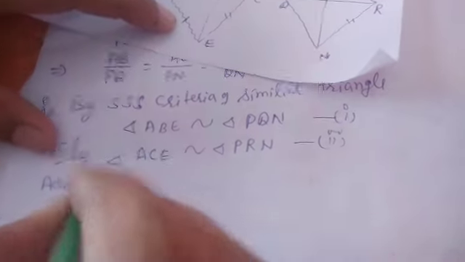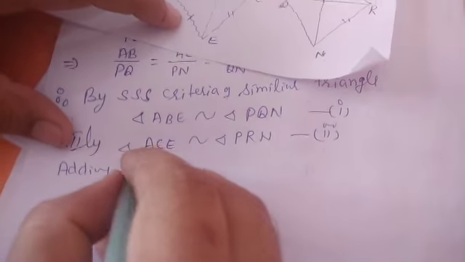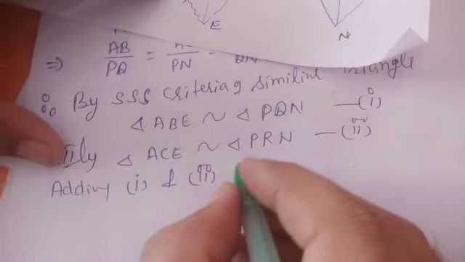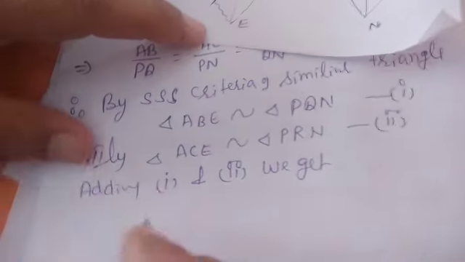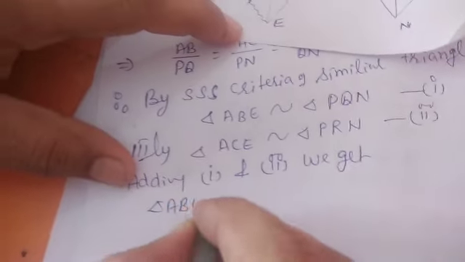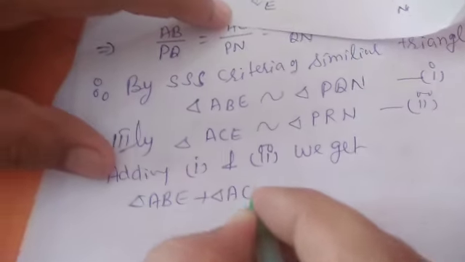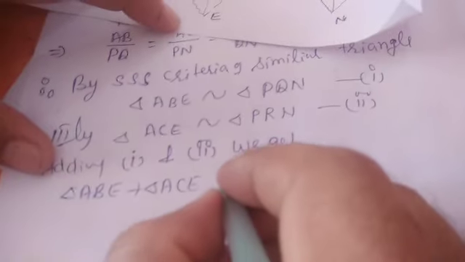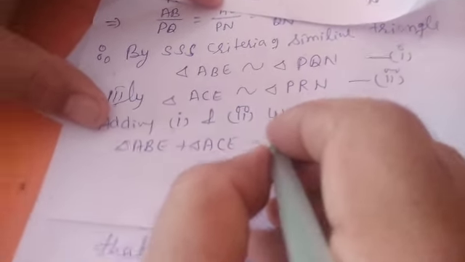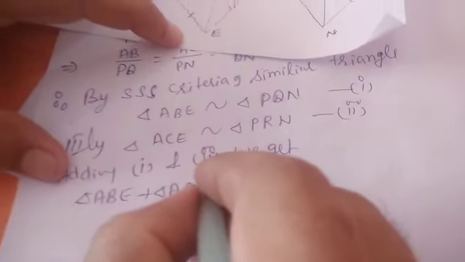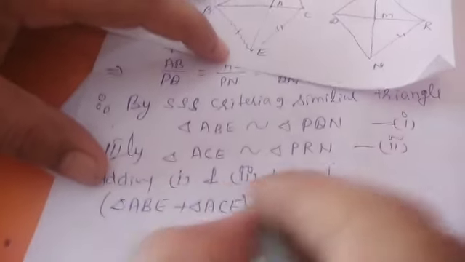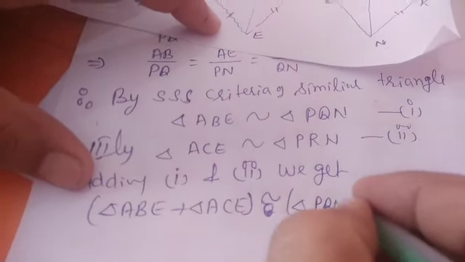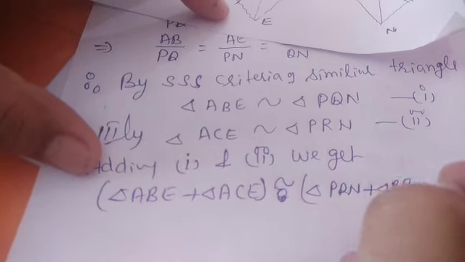Adding first and second, we get triangle ABE plus triangle ACE is similar to triangle PQN plus triangle PRN.